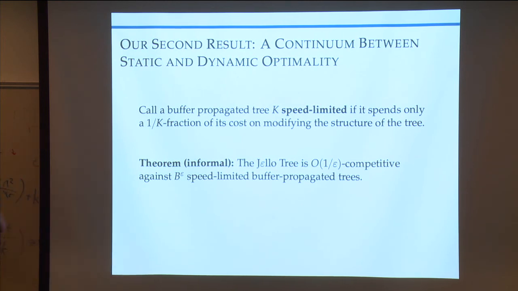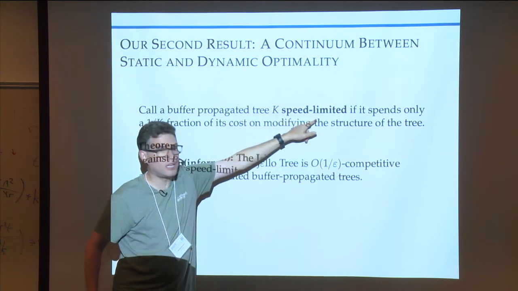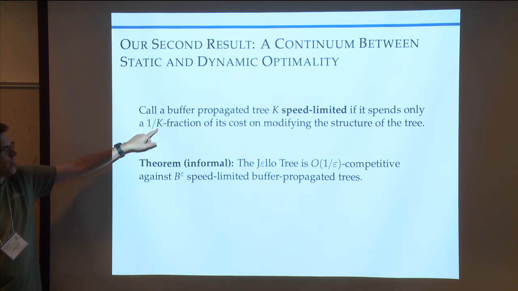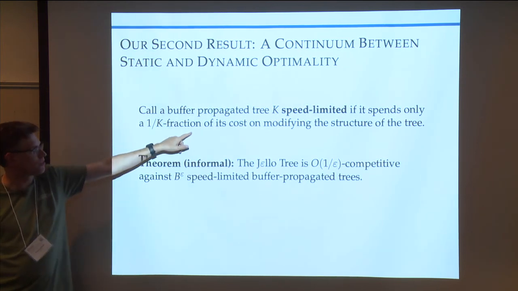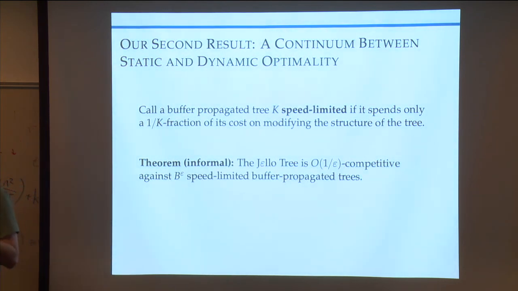This is the thing that we can formalize with this notion of speed limitation. We say that a buffer propagated tree is k speed limit if it spends at most a 1 over k fraction of its cost on modifying the structure of the tree. So our data structure does a bunch of stuff. It does queries and updates, and those all have cost in IOs.